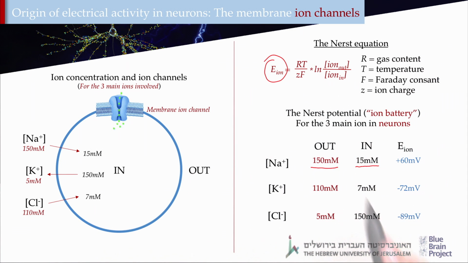You'll do this Nernst equation computation and you will get a number of plus 60 millivolts. This means that because sodium tends to flow from outside to inside, it tends to charge the inside of the neuron with positive charge to the level of plus 60 millivolts inside the cell.